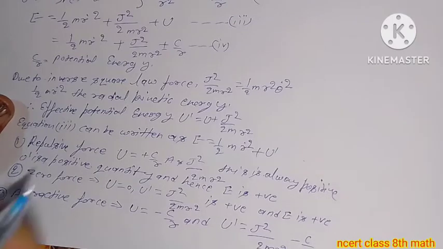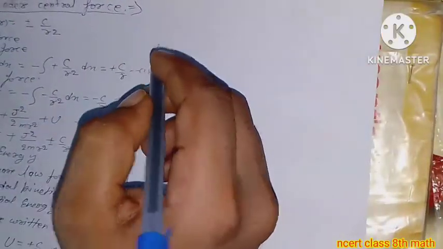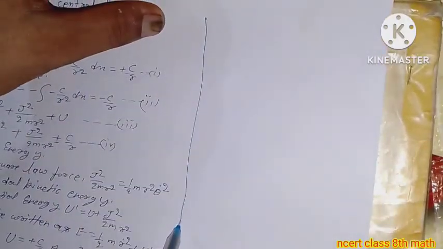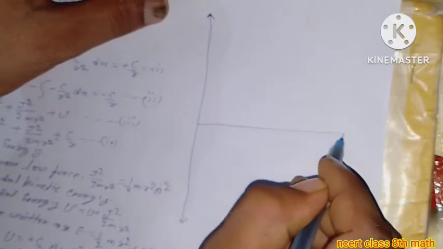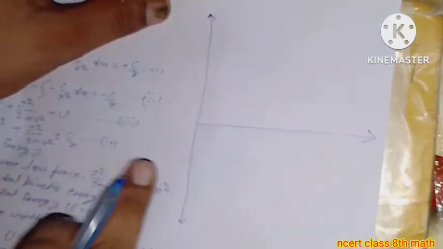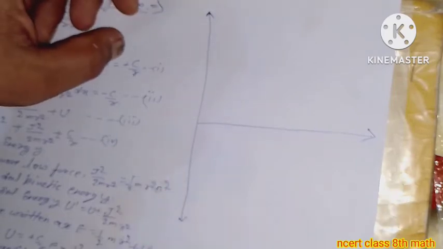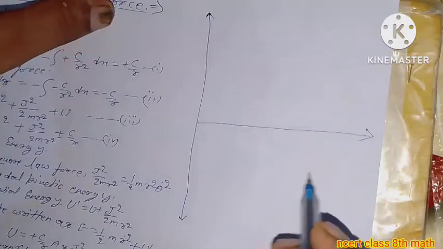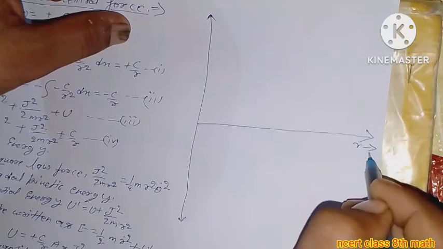We can draw a curve. This is the axis, this is the vertical line, and this is the horizontal line, which represents r.